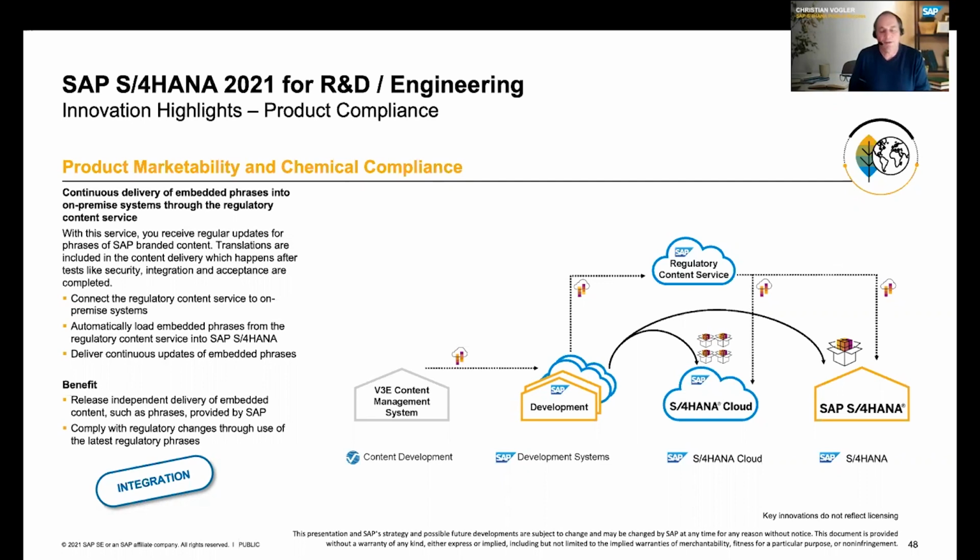And with the 2021 release of SAP S/4HANA, we are now offering live connectivity to SAP S/4HANA Cloud and, this is new, also to SAP S/4HANA on-premise for the data acquisition. This means we are reusing data that already exists in your system.